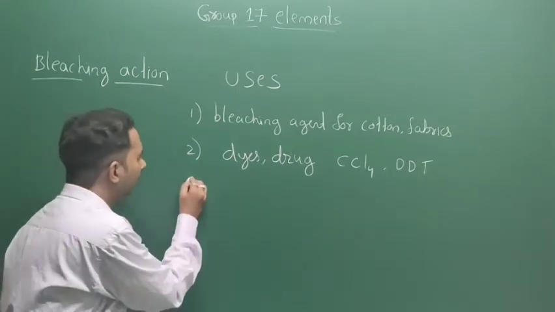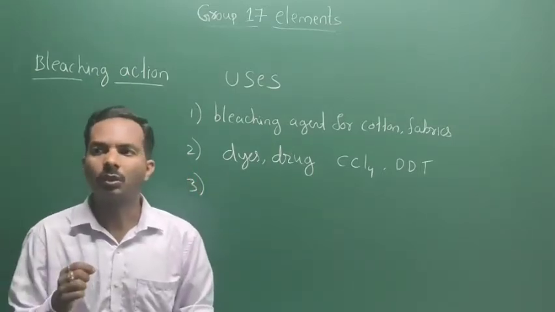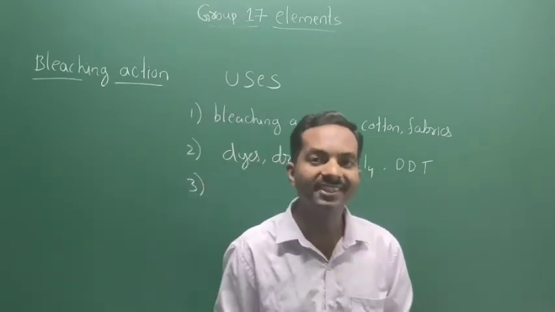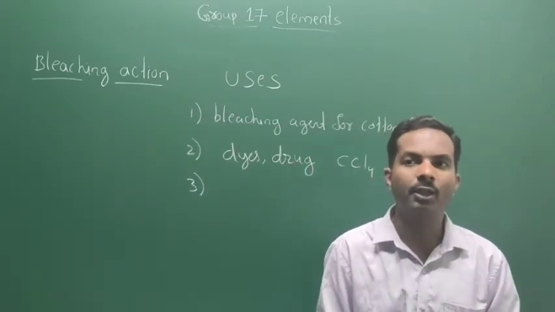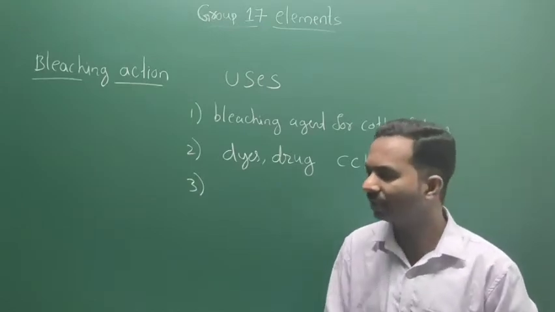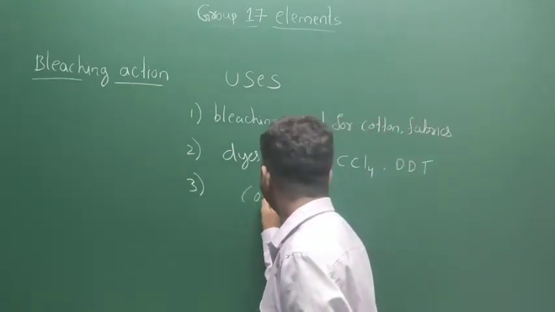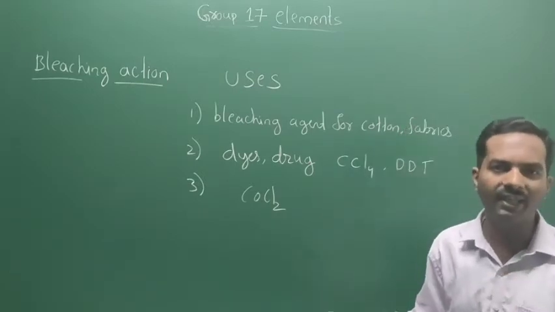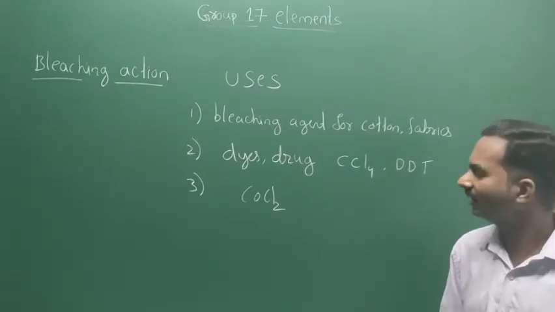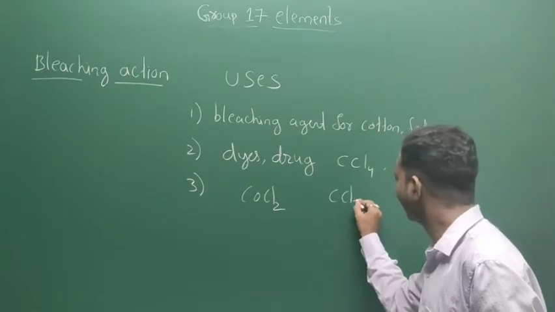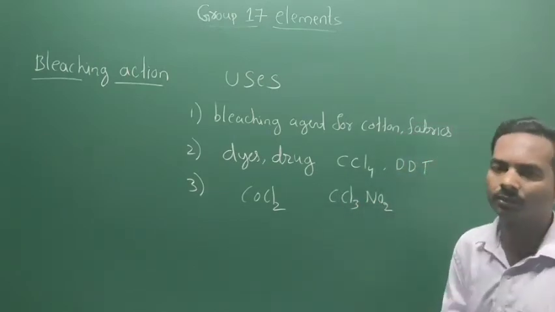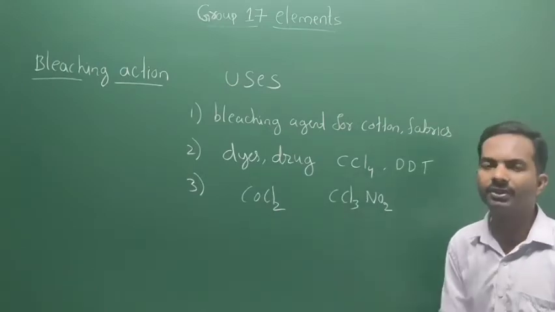So next, third one, chlorine is used for preparation of poisonous gas like poison gas, COCl2, and tear gas, formula CCl3NO2. So here these are the uses of chlorine.